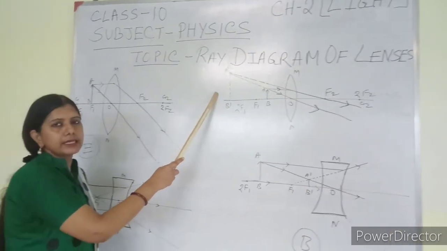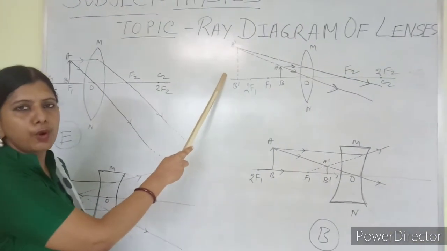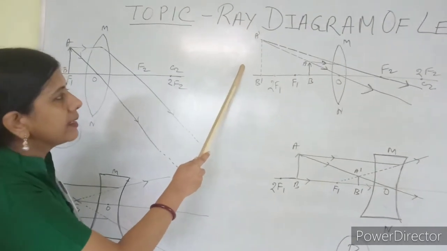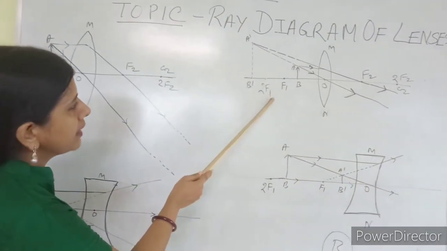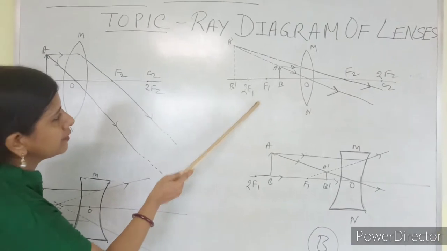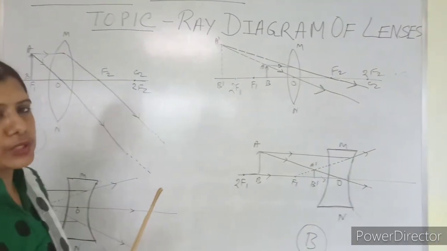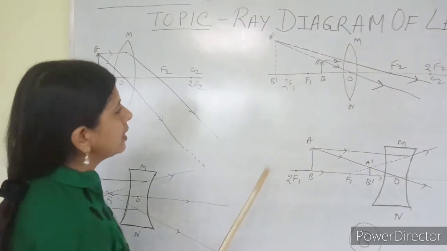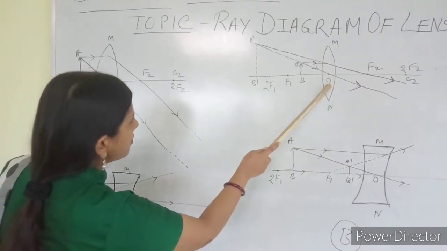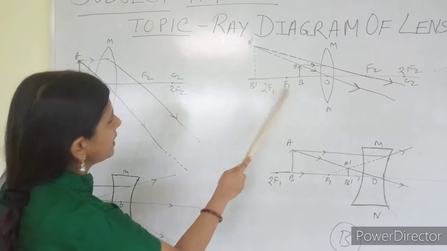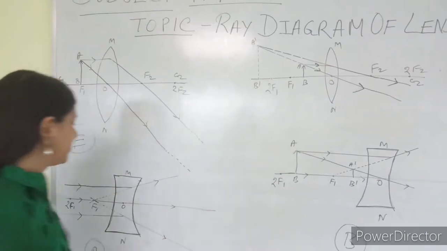In all other cases we have seen the image formed is inverted and real. So for which position of the object will the image be virtual? When the position is in between the optical center and the focus point, the image will be virtual.